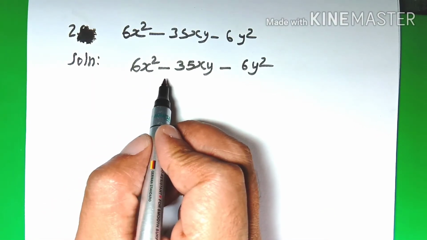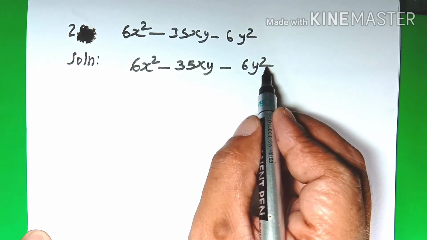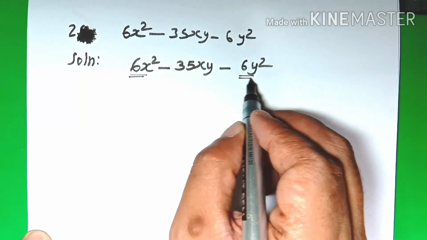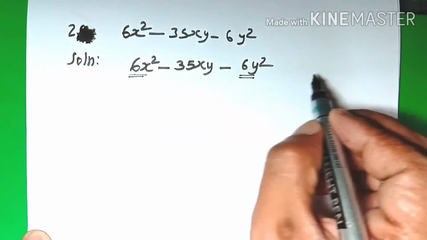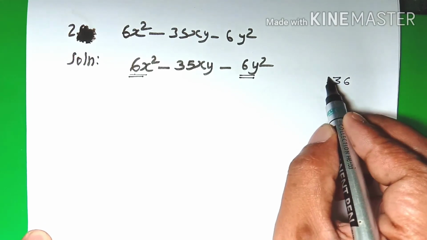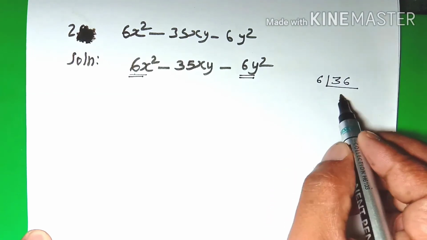6x squared minus 35xy minus 6y squared. The first step, you'll have to multiply these two values. 6 into 6, which is equal to, yes, 36. Now you can factorize. It is divisible by 6. 6 into 6.